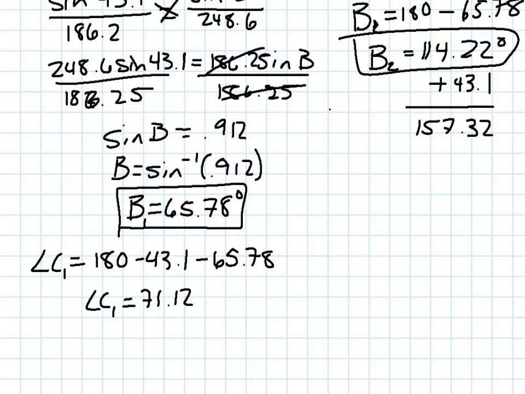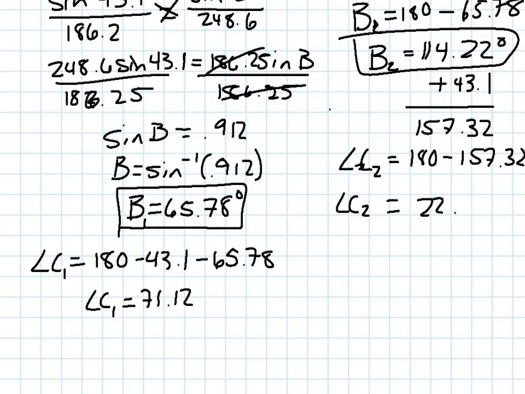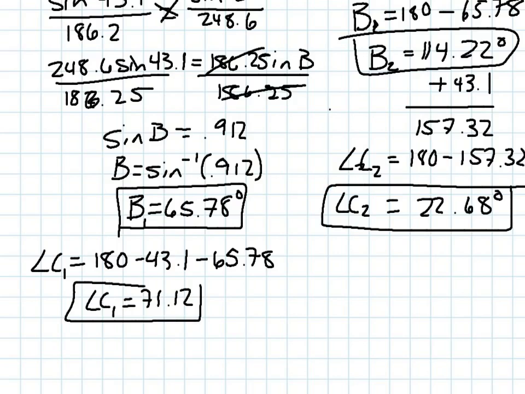Over here, if I do the same thing to find angle C for 2, so 180 minus this 157.32, because that's the addition of both, that gives me 22.68. So then those are the two angles for C.